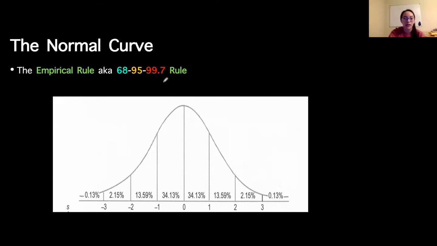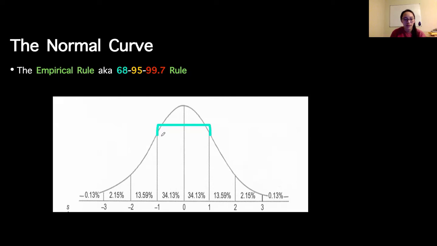So if we put our little graphics on here, 68 is teal, so that's this bracket between plus and minus 1 standard deviation from the mean. If you add up these percentages, 34% and 34%, you should get 68%.